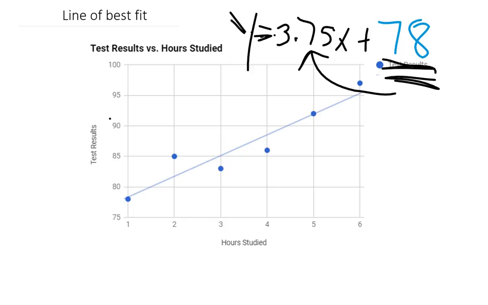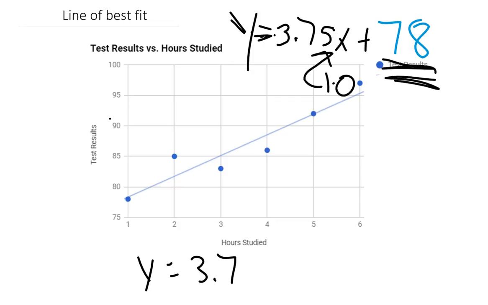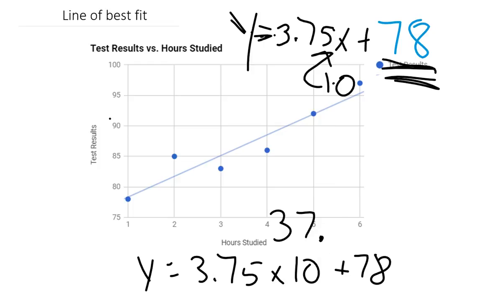Now if I wanted to see, say, if I studied for 10 hours, how can I solve what my test score would be? Well, I just have to plug in 10 for x. So my test score is going to be 3.75 times 10 plus 78. So that gives me 37.5 plus 78.